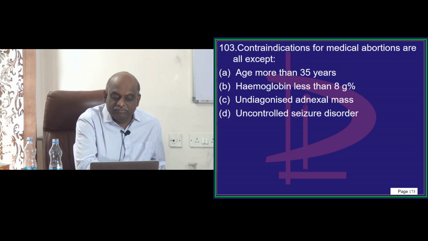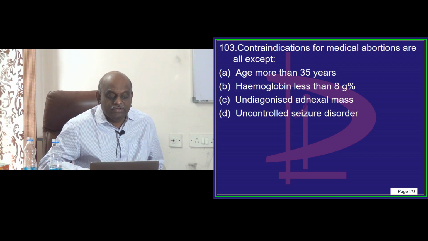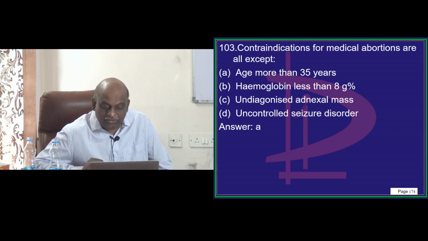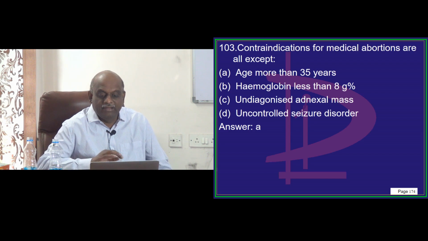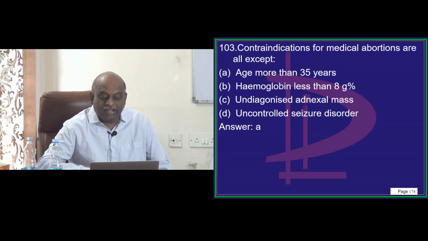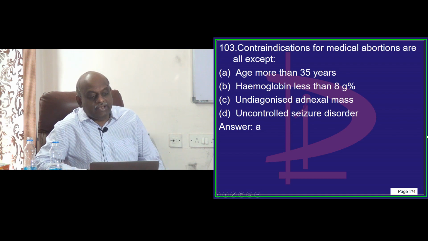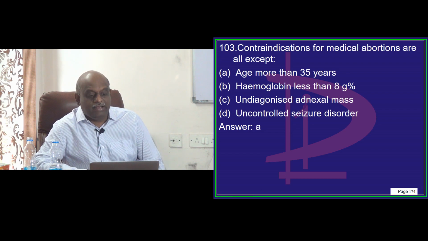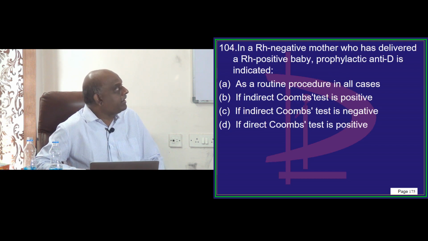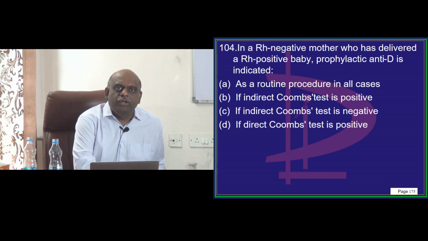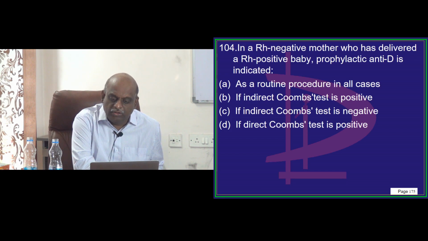Monica thinks A, but Ravi Guna are on C. Monica is absolutely right, along with Srilata and Srikanth. That's right. Uncontrolled seizure, undiagnosed head neck cell mass, hemoglobin less than 8, they're all the important contraindications. So RH isoimmunization के बारे में you should be very sure.